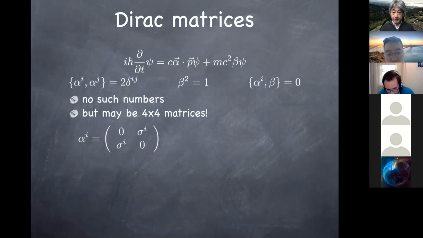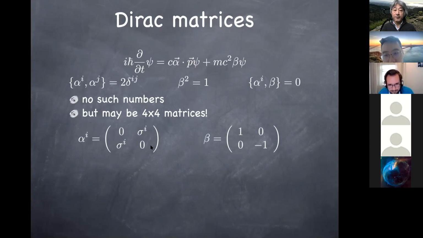And here are the solutions. Using the standard Pauli matrices, which are 2x2 matrices as you know from quantum mechanics class, you can write these 4x4 matrices, and they are the alpha matrices. And beta is also a 4x4 matrix; this one here is meant to be the 2x2 identity matrix, and minus 1 down here on this block is also the 2x2 identity matrix. So altogether, this beta is also a 4x4 matrix.